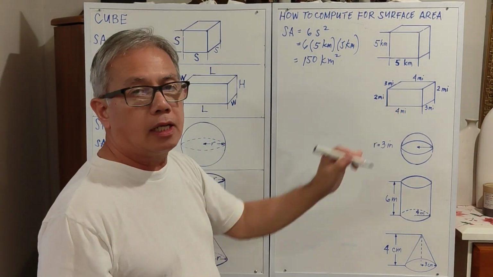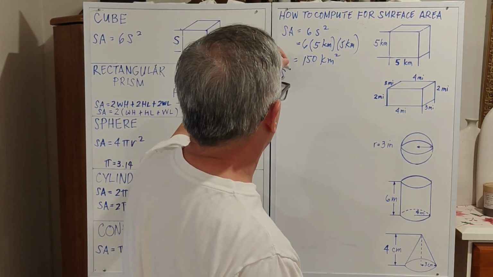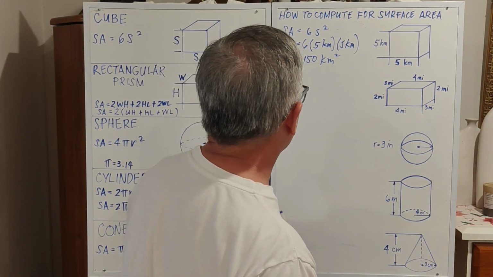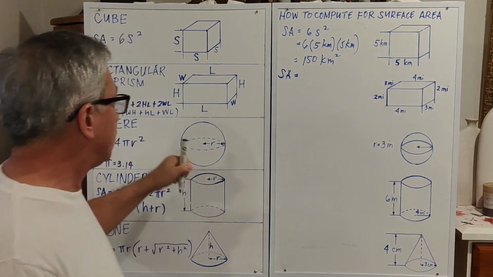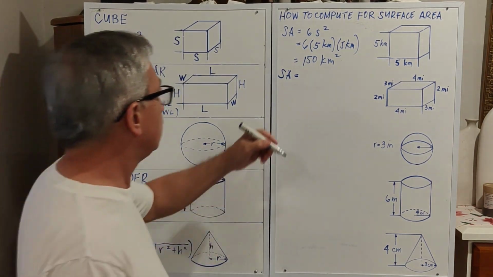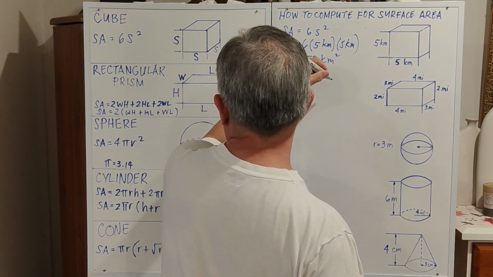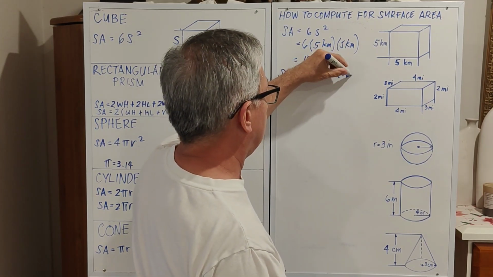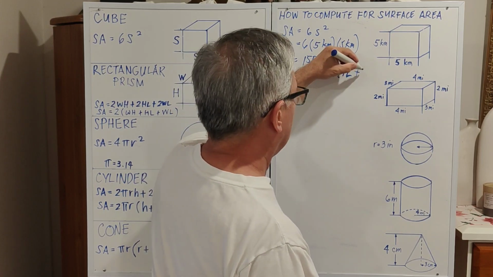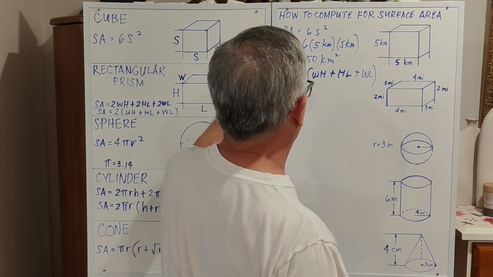We now next go to the rectangular prism. The surface area is, we can use the easier formula, 2 times WH plus HL plus WL.